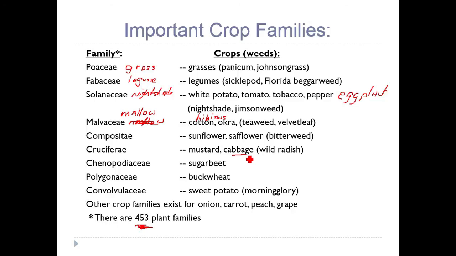Bok choy is in this group. Chenopodiaceae, the sugar beet family or the beet family. Polygonaceae, the buckwheat family. Convolvulaceae, the sweet potato family, and its relative, the morning glory, is the weed. And then again, we have the Rosaceae, which is apples and roses and many other species.